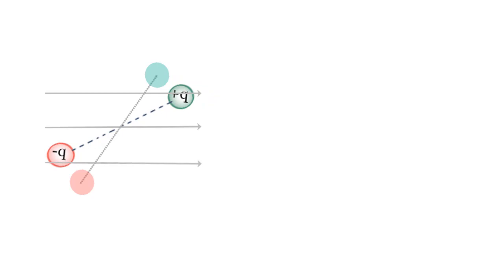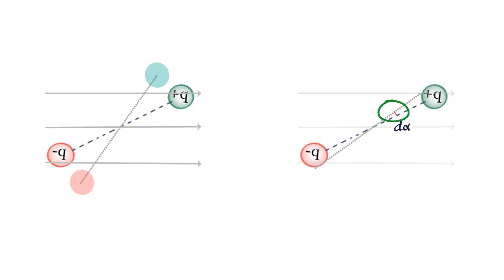So let's say that at some instant the dipole has moved an angle d alpha, where d alpha is very small. Then we can say that the work done is torque at this point multiplied by d alpha, or dW is equal to tau times d alpha.